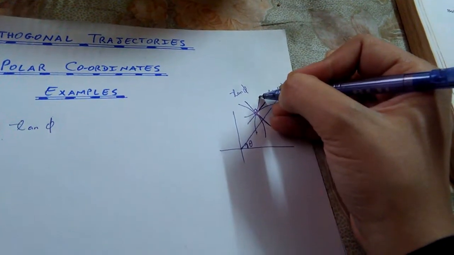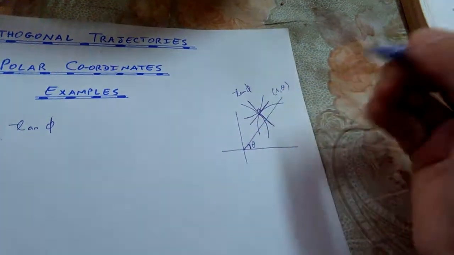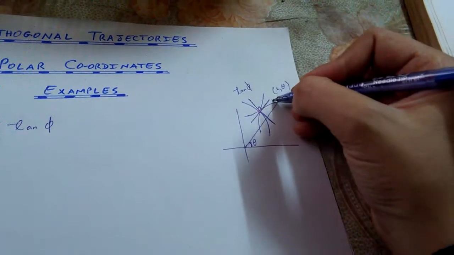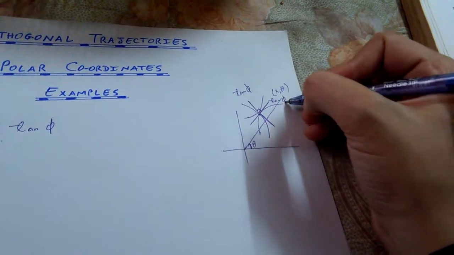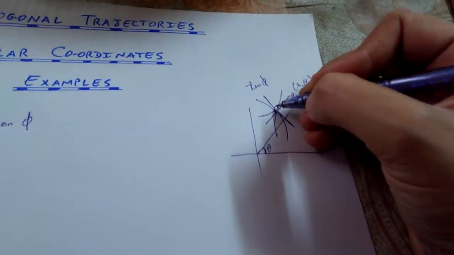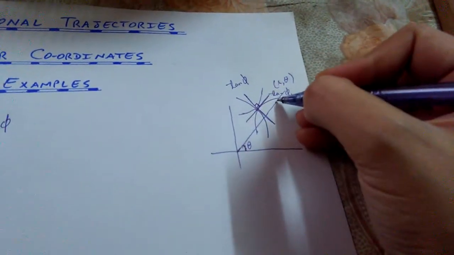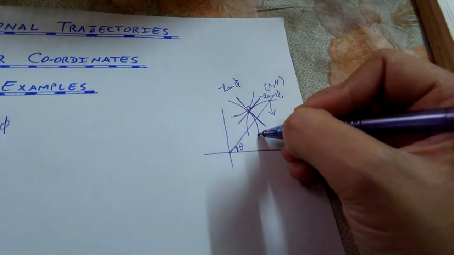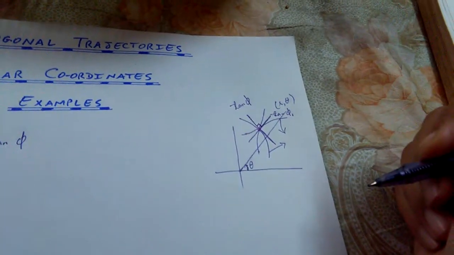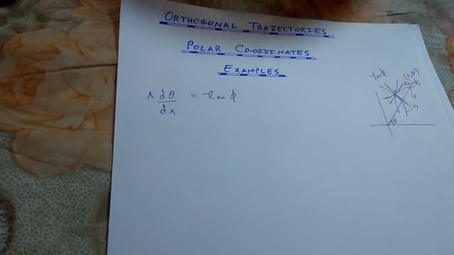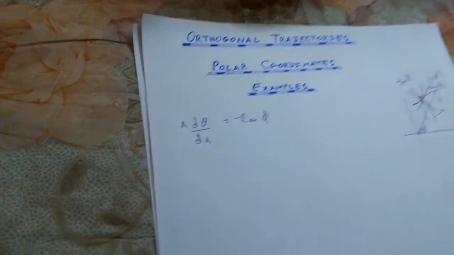It's simply a revision that I'm doing right now. The slope of this tangent line I represent as tan phi 1. These two tangents are exactly perpendicular to each other, so you can see that this curve is the orthogonal trajectory of this curve. That's what we are going to refer to in the examples.